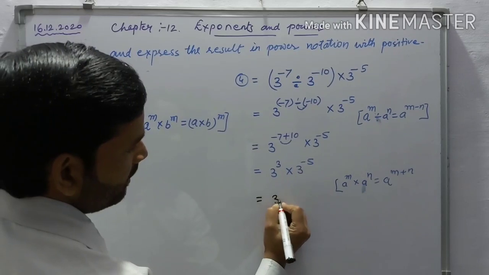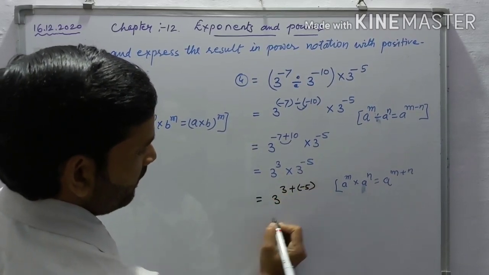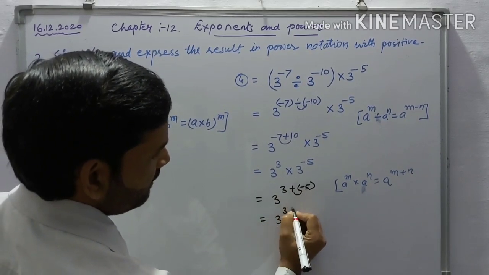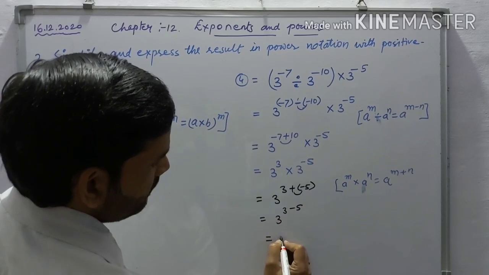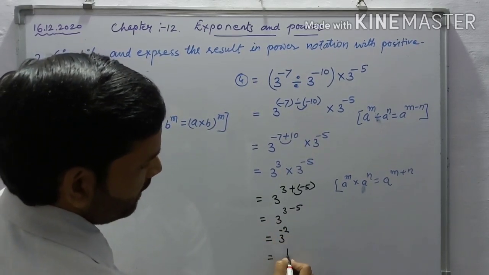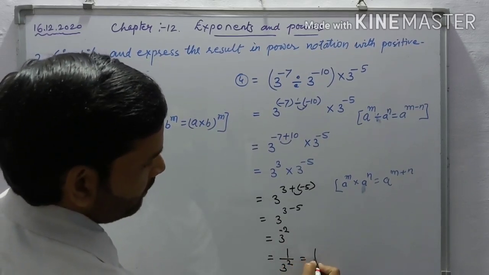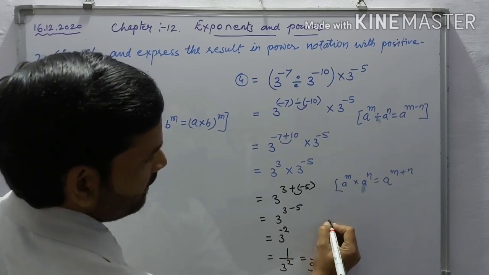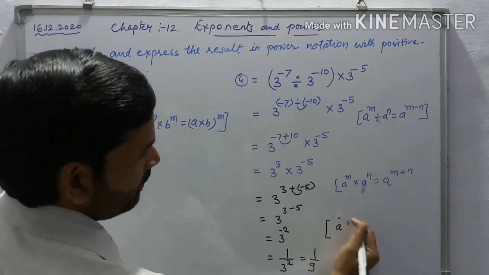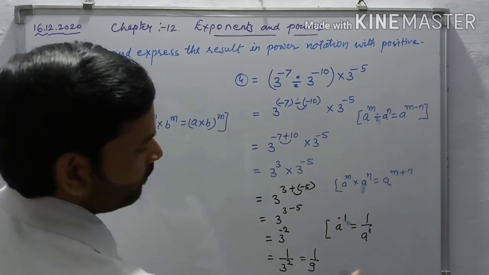Now 3 power 3 plus minus 5 is equal to 3 power minus 2. Then 3 power minus 2 we change into positive power, so it is 1 upon 3 squared, and 3 squared is 9. Here we write that a^(−1) is equal to 1 upon a^1.